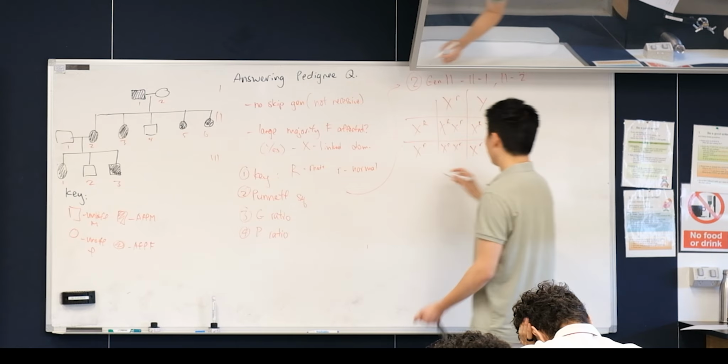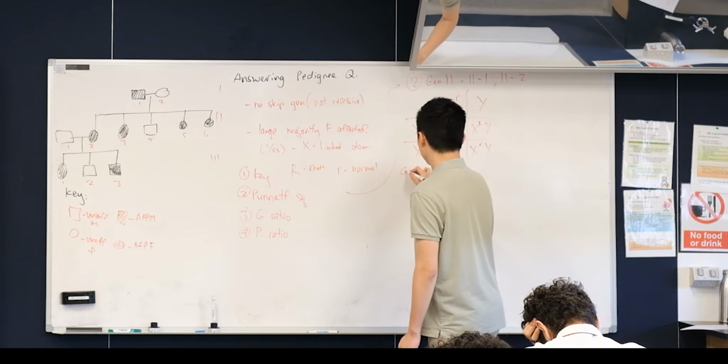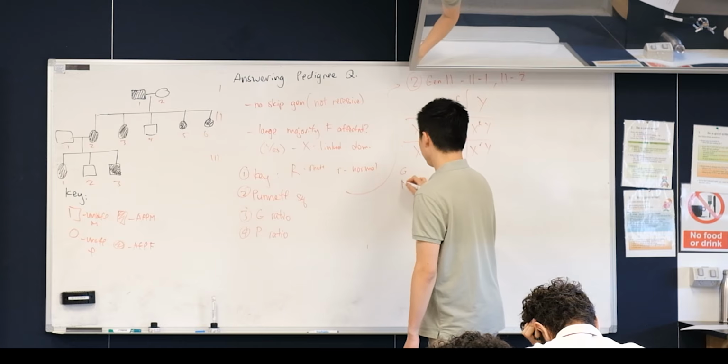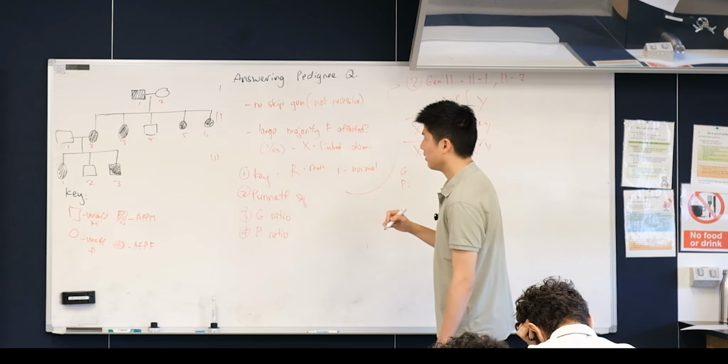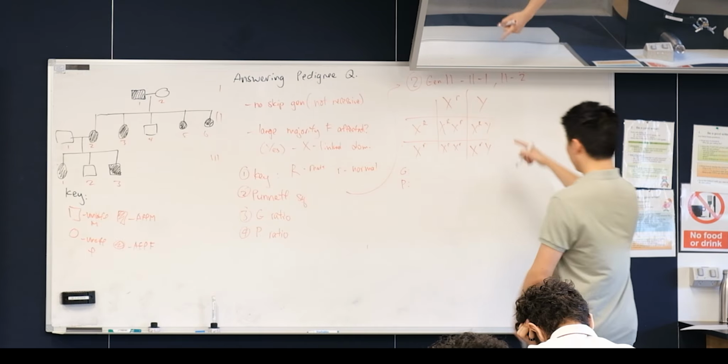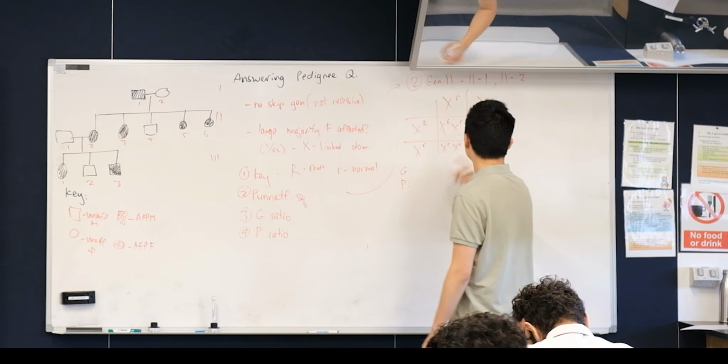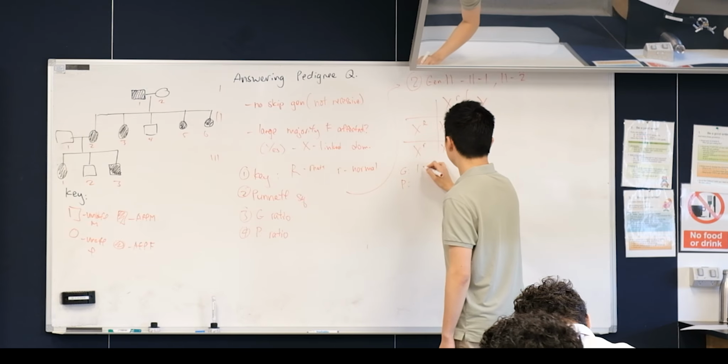Then you should have your genotypic ratio plus phenotypic ratio. Right. In this case, what is it? It's 1 of everything. Yeah, so 1.